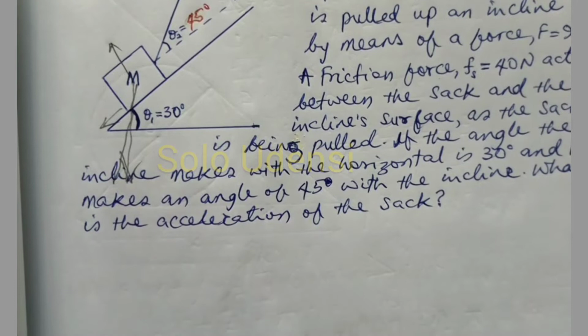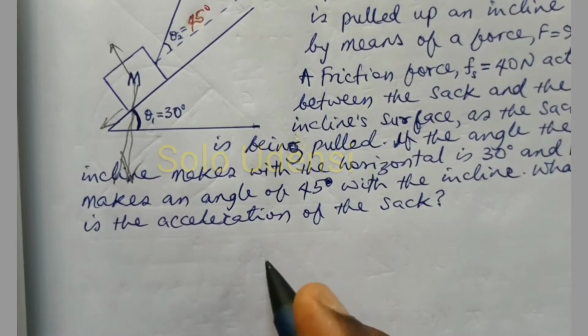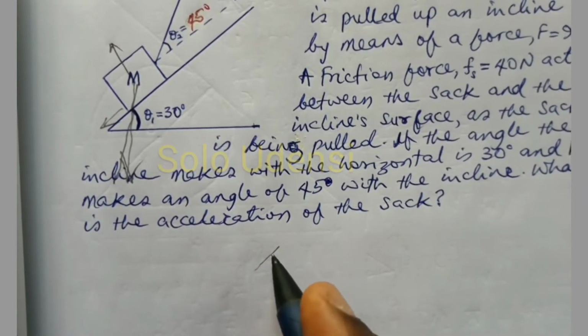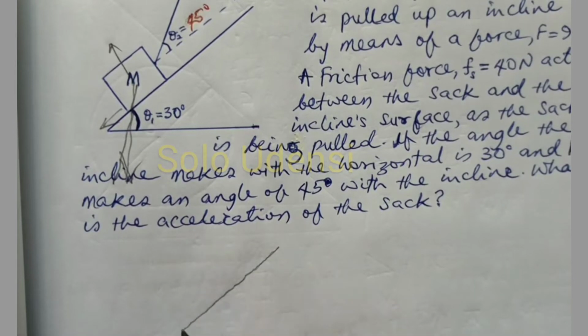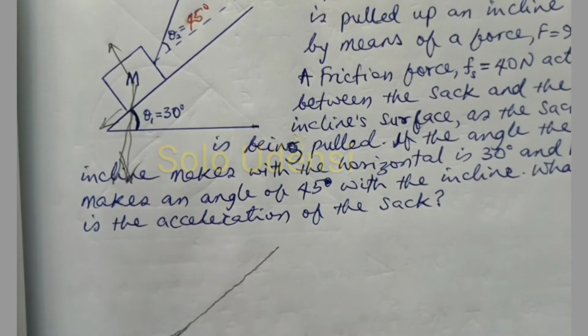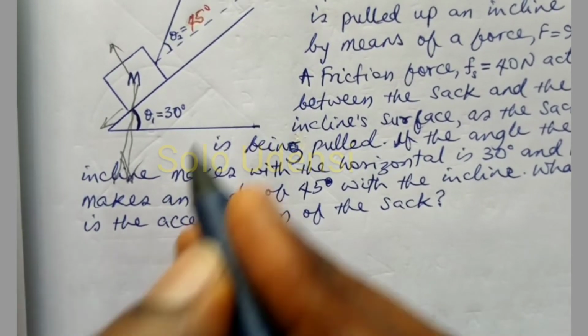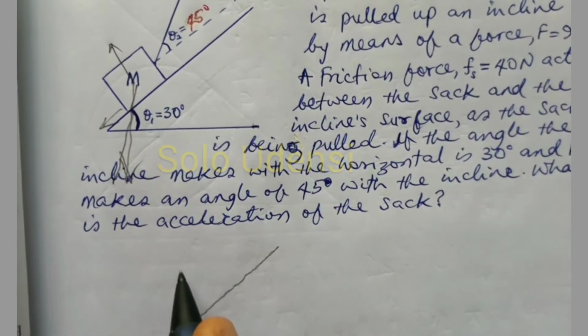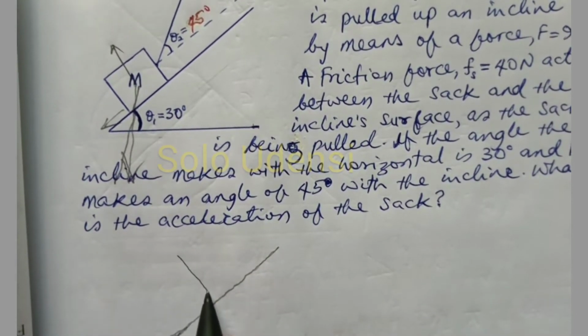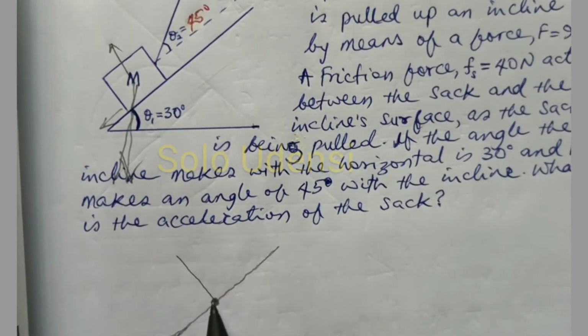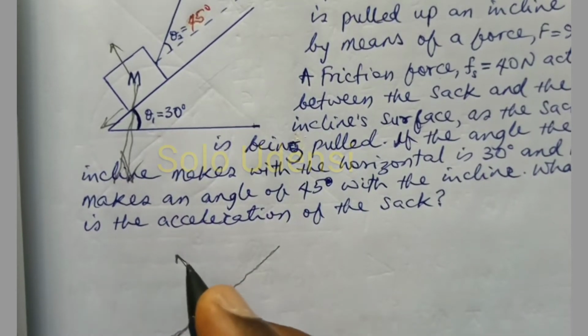To draw the free body diagram, we'll draw a line, and in order to simplify this problem, we will orient our axis to be parallel to the incline. So the reaction force R is acting here. The mass is assumed to be here.